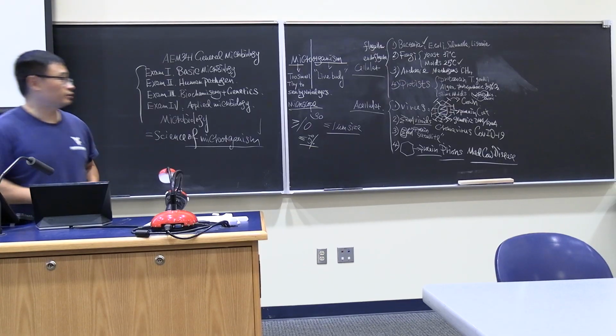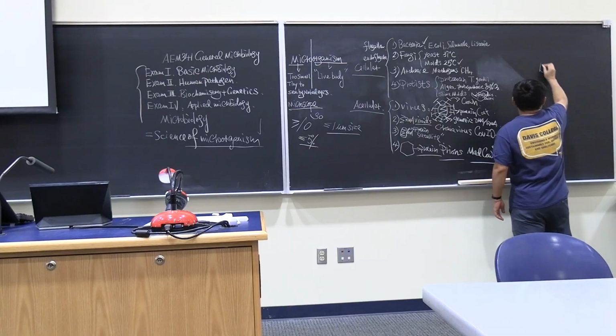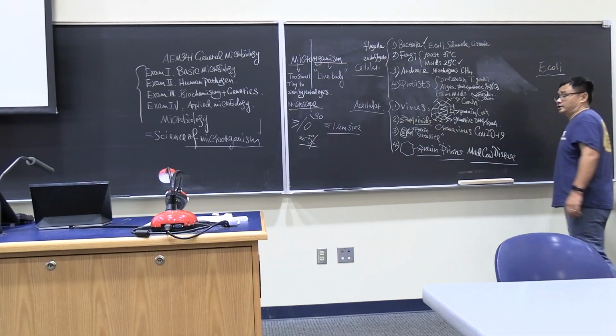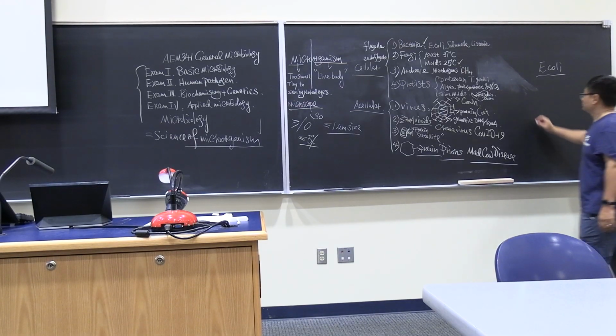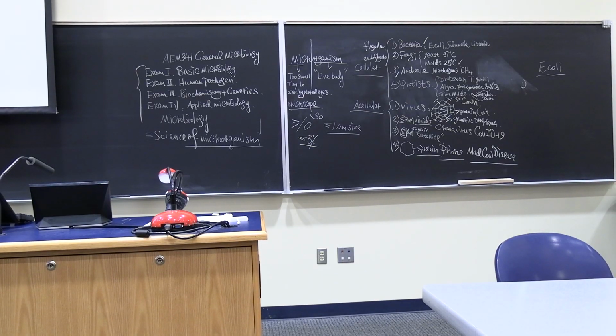So let me give you an example of E. coli, which I just mentioned. This is the pathogen, or the bacteria, everybody knows. But there's a big story behind it. Most of the time, when we talk about E. coli, it is the normal E. coli, a normal bacteria that proliferates in our stool samples.